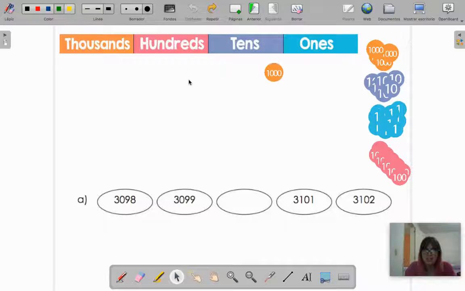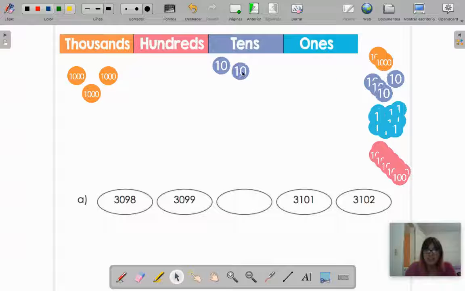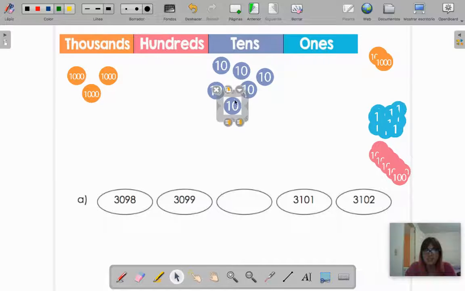So that's 1,000, 2,000, 3,098. We don't have hundreds, so just 10, 20, 30, 40, 50, 60, 70, 80, 90.